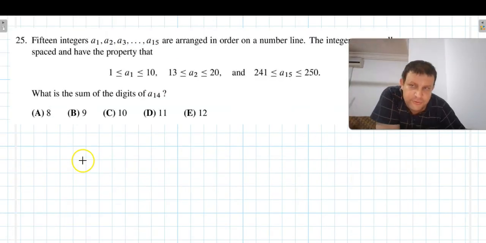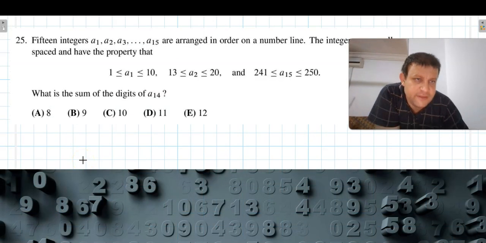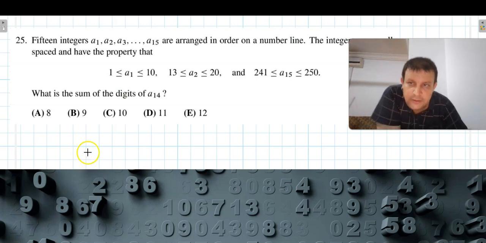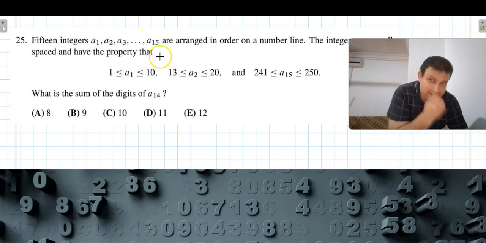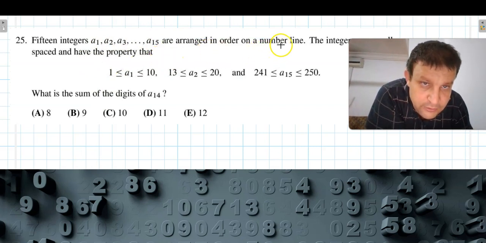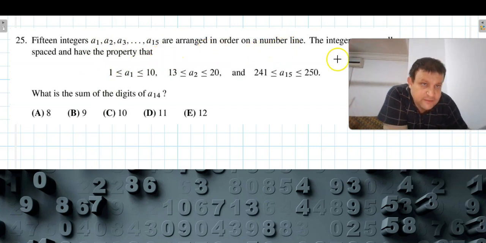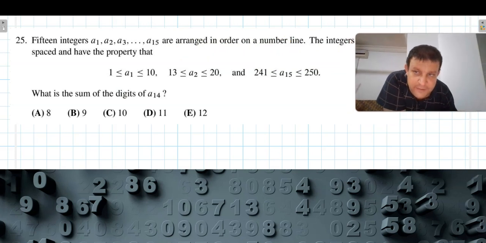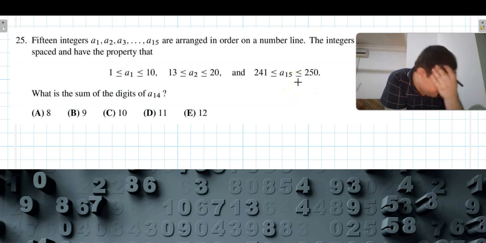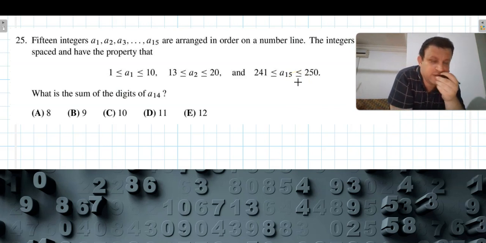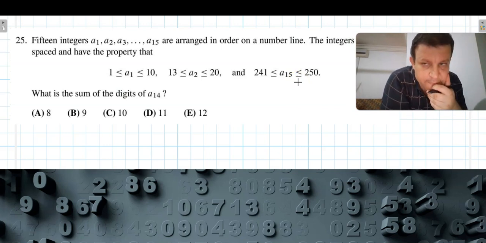This is the last question of AMC 8 2023. We have 15 integers from A1 to A15. They are arranged in order on a number line. The integers are equally spaced. This means the distance between two consecutive ones is the same.